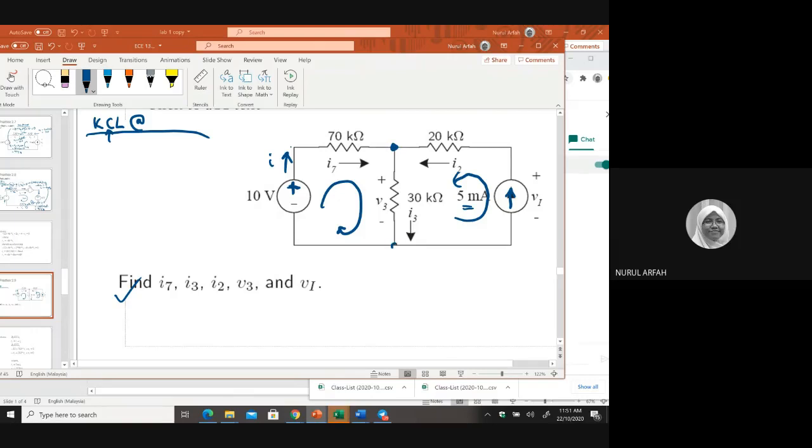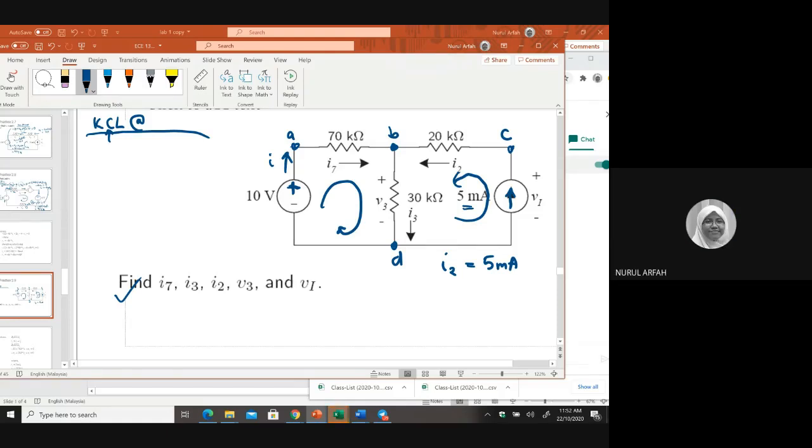So you have this node, this node, this node, this node. Which one do you want? A, B, C, or D? B, madam. Why not D? Why not C? B has 3 elements, madam. What about D? D is ground, madam.